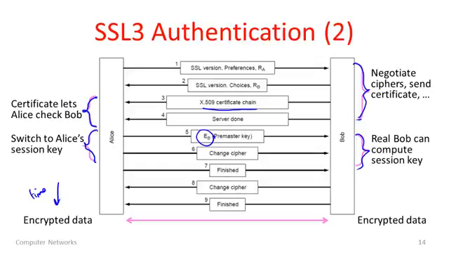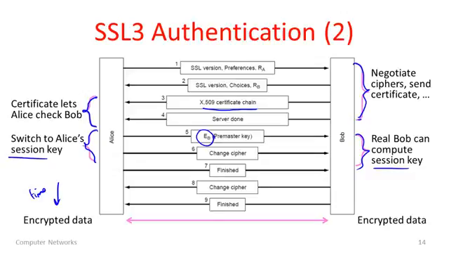So Alice now switches to the session key and Bob switches to the session key, and we're finished with this protocol. If they can both compute the right session key, and they don't send it to one another directly, they just both compute it, then they can both switch over to use it, and all of this happens when we send the change cipher messages to know when to switch over.